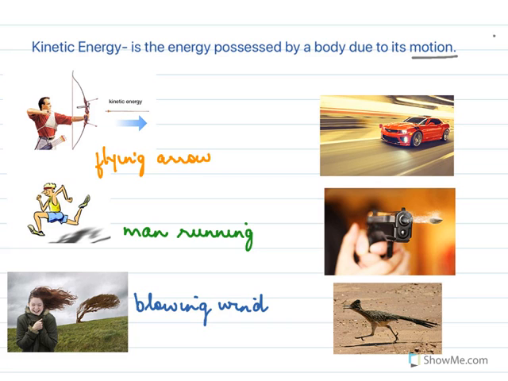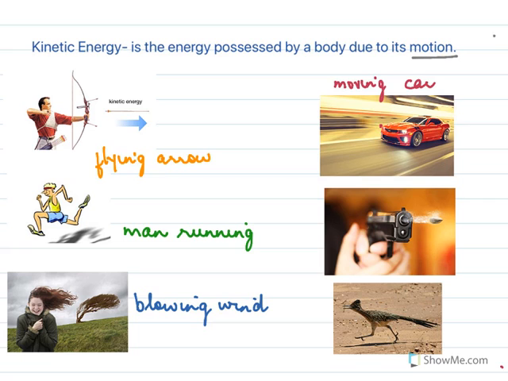In fact, in the sailing of a boat with sails, the blowing wind has as much energy as to push a boat with sails. Then here we have a car, a racing car. A moving car also possesses kinetic energy.